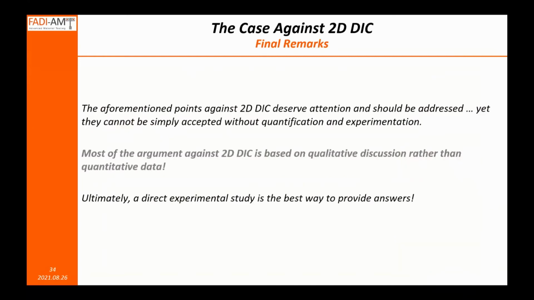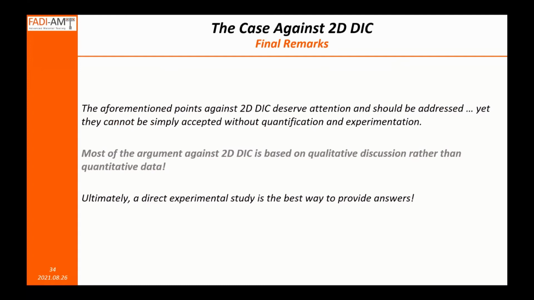So to sum up here, before we go to the experiments, there are so many points raised against 2D DIC. They are good points. They deserve attention. They should be addressed. They shouldn't be ignored. By no means we encourage people to dismiss them. But what we're saying is they shouldn't be accepted as is, without quantification and without experimentation or explanation.